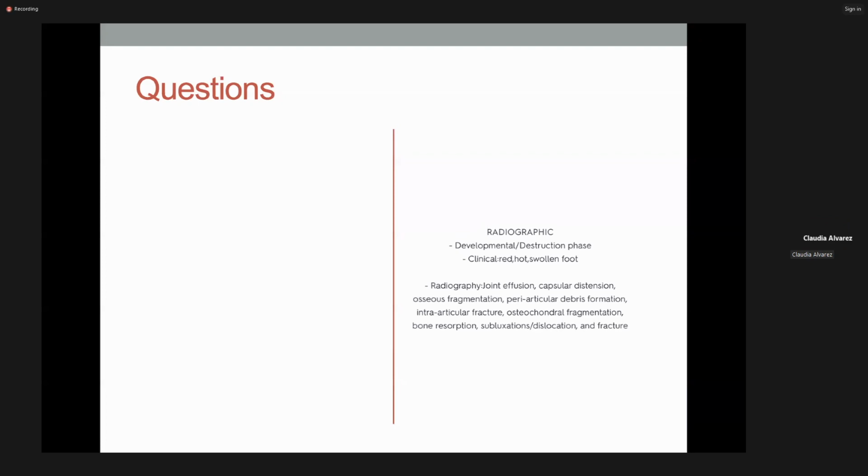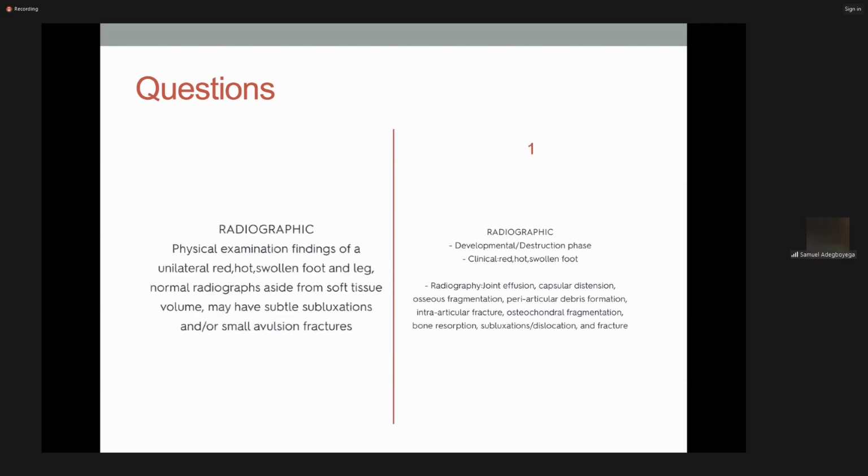The patient has developmental stage, destructive phase, red hot swollen foot, joint effusion, osseous fragmentation. What's your diagnosis? Stage 1. Everybody agree or disagree? Agree. That's right. Okay, next person.